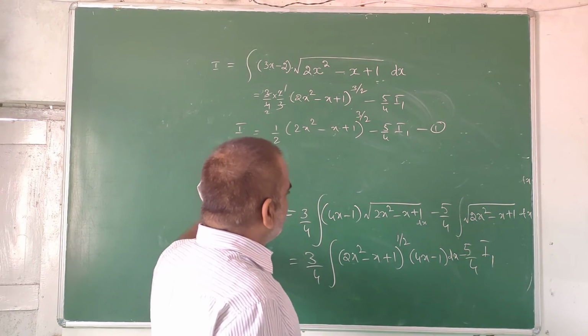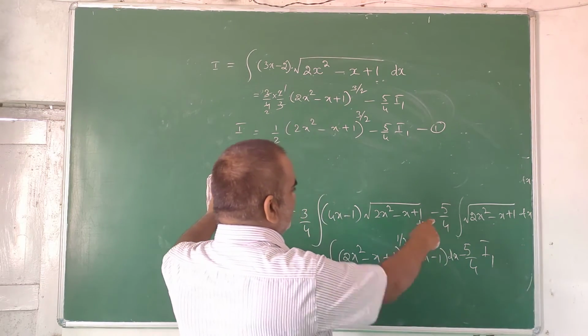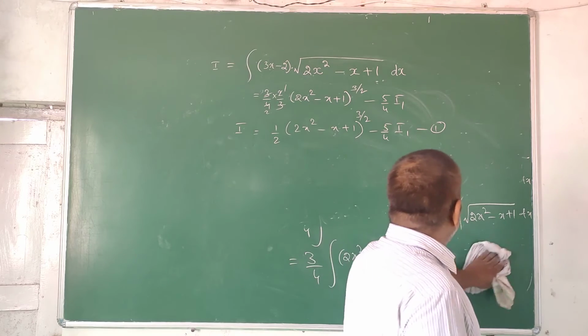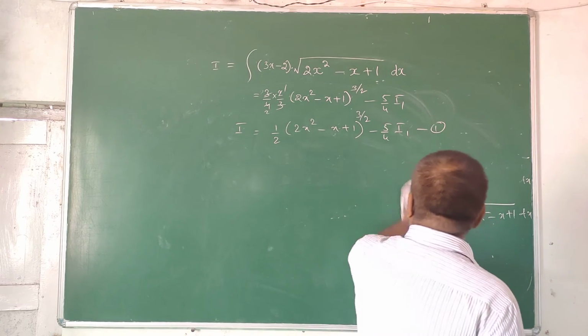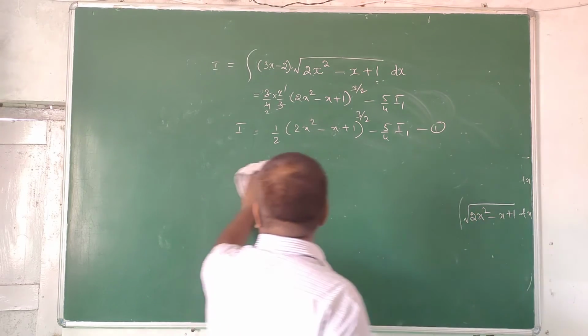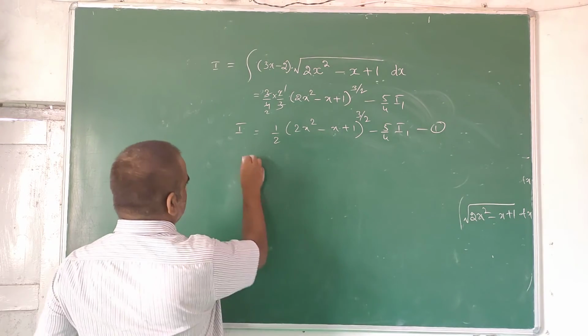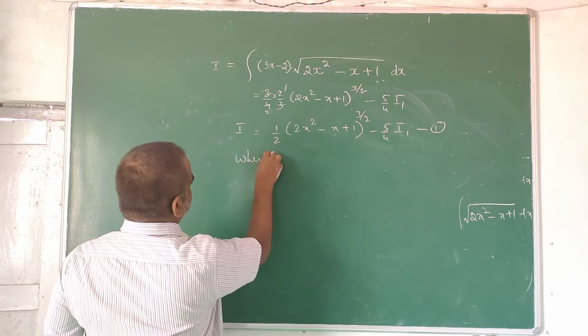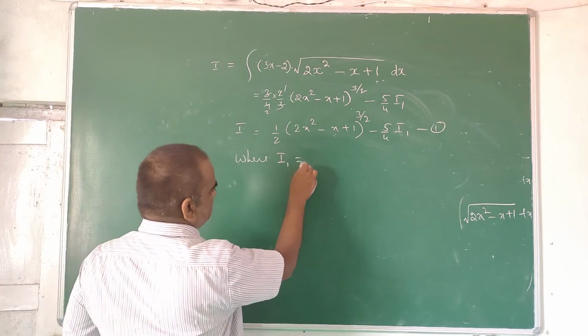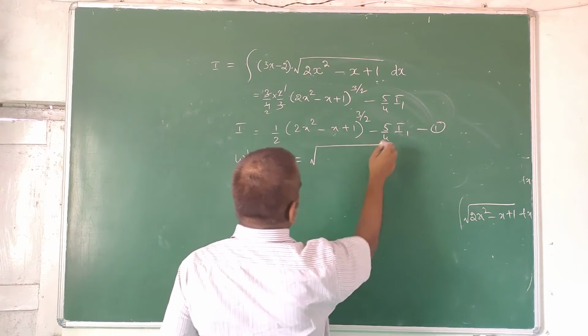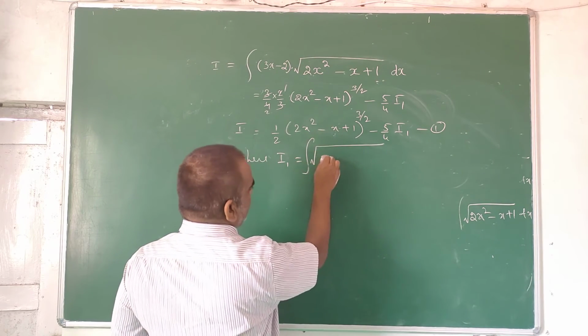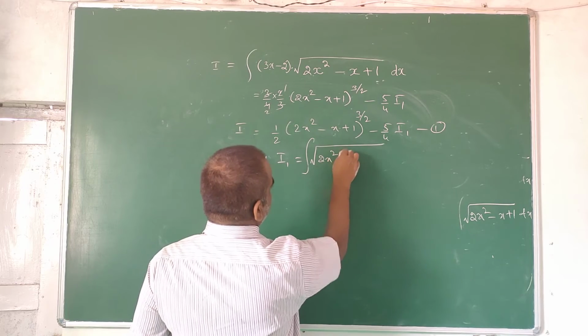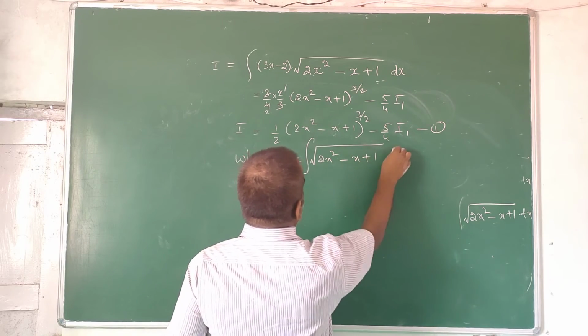Now what is I1? I1 is the integral of root over 2x square minus x plus 1 dx.